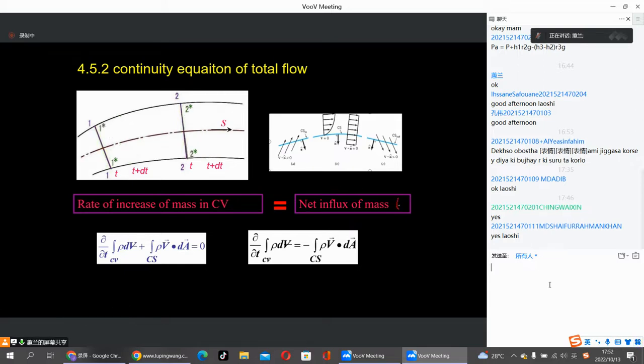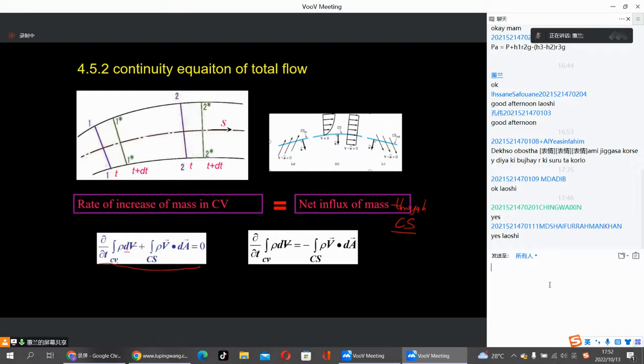Here we need to add through the control surface. And so here we have its integration form. We use this one, it will be easier for you to follow. So first we calculate the mass inside the control volume. This is for a differential element.